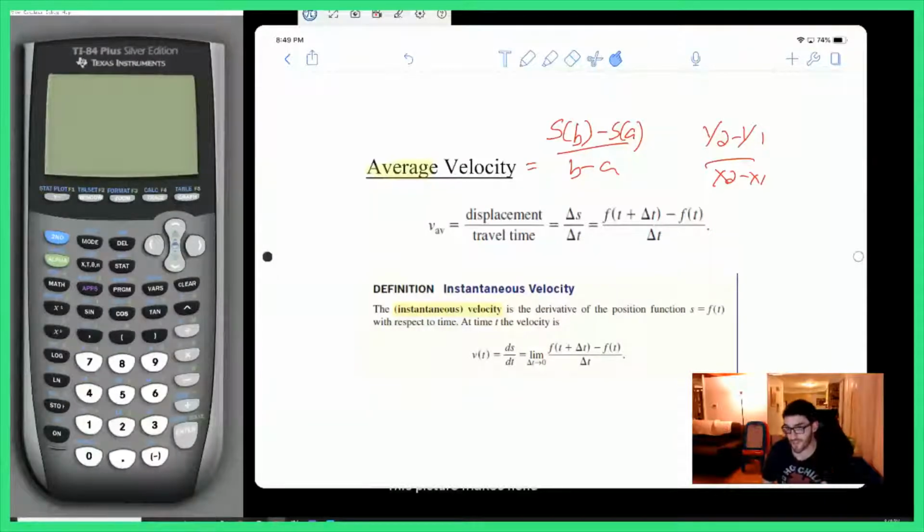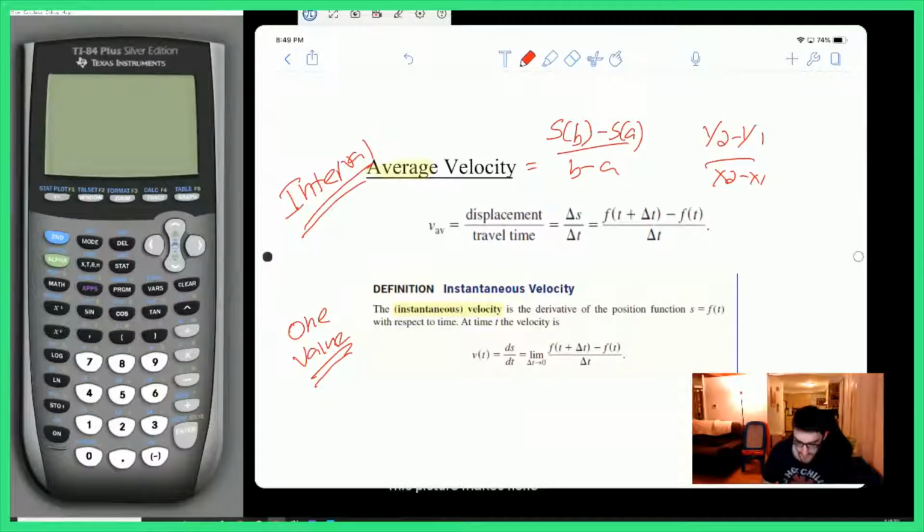The difference is this. Average velocity is over an interval. It has to have a beginning number and an end number. Whereas instantaneous velocity is at one value only. You're calculating the velocity at one moment in time, instantaneously.